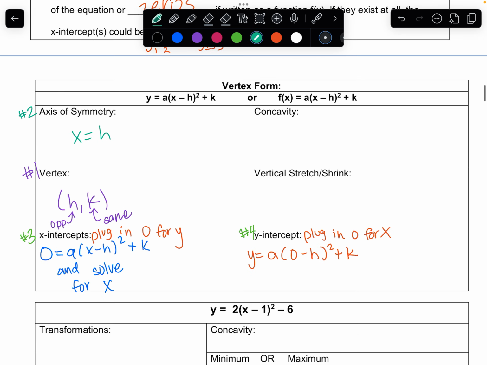From our concavity, if a is positive, it's concave up, and so our graph will look like a smiley face. And if it's a negative a, that means we have a reflection, so we're concave down, a sad face.